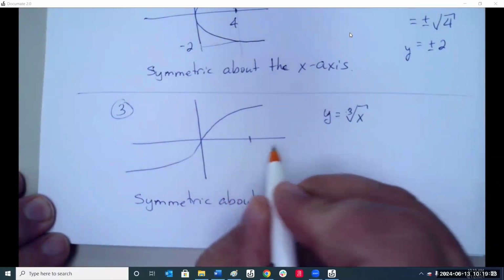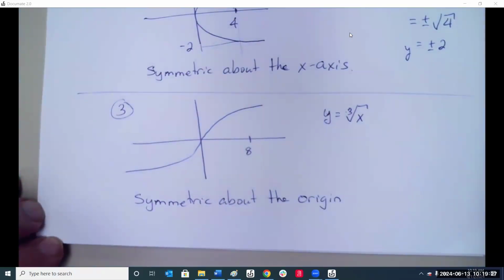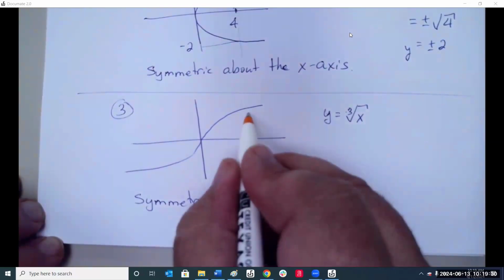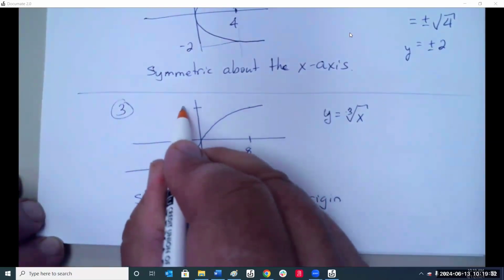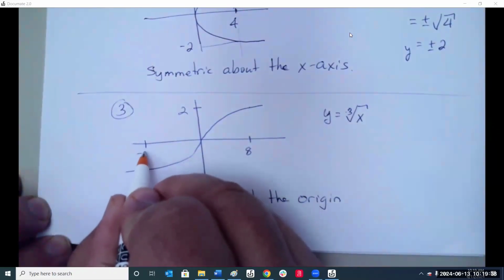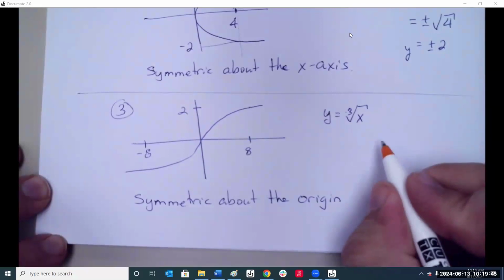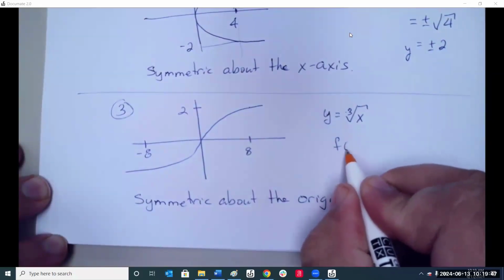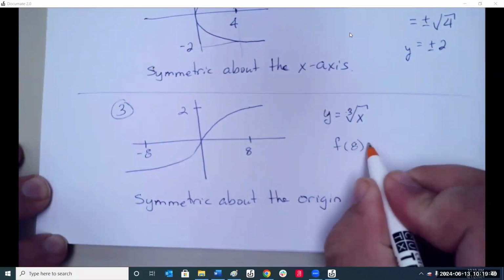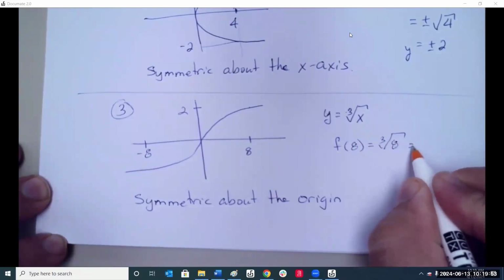Because if x equaled 8, what does y equal? What's the cube root of 8? 2. Plus 2 times 2 times 2 is 8. Likewise, if I had f of 8, the cube root of 8 is 2.